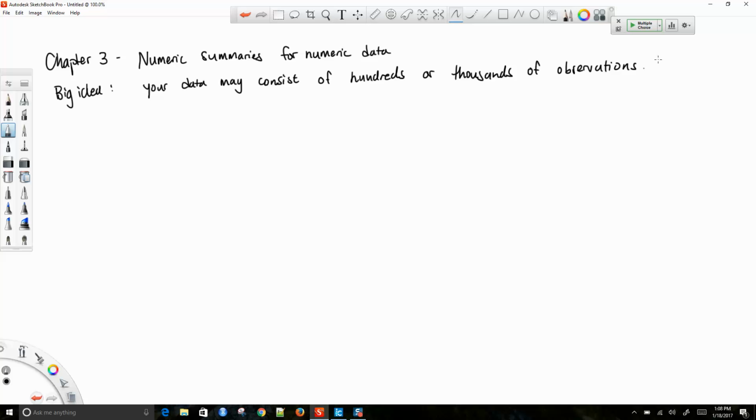And we might not be interested in knowing the details of all hundreds or thousands or however many observations we have. We might want to just summarize this, okay? With a numeric summary, we just boil down all of these hundreds or thousands of observations just down to one or a few numbers, okay?